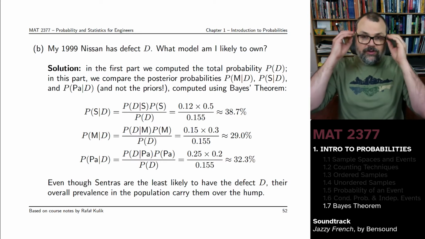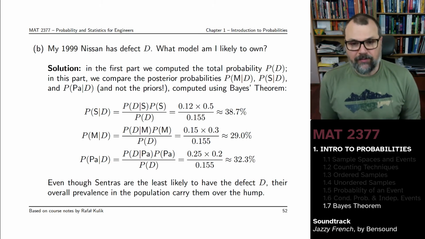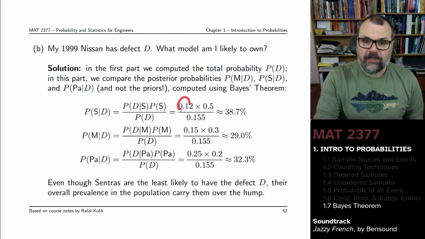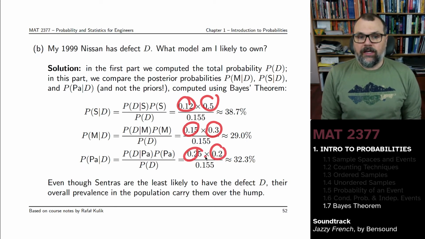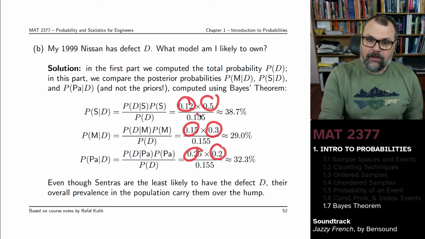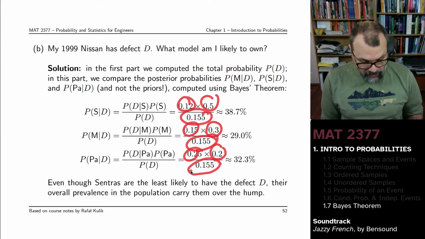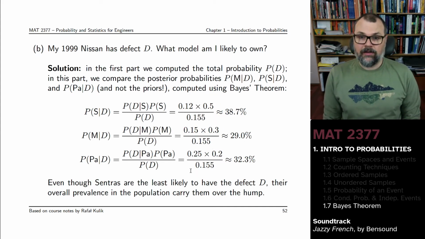So the numbers don't change for the most part. 12%, 50%, 15%, 30%, 25%, 20%. These are all numbers that we've obtained previously. And then you divide that by the probability of having a defect. And using Bayes' theorem, you can compute the exact probability that you're interested in.